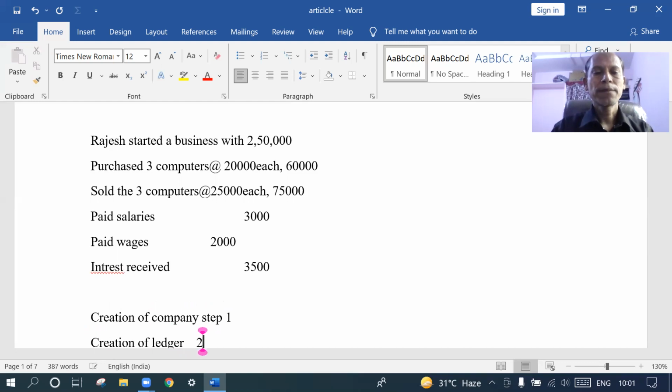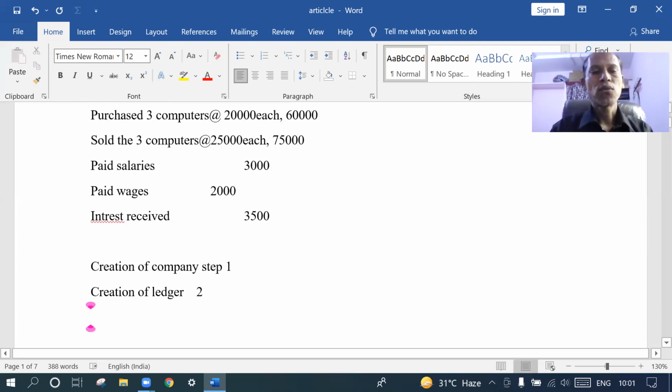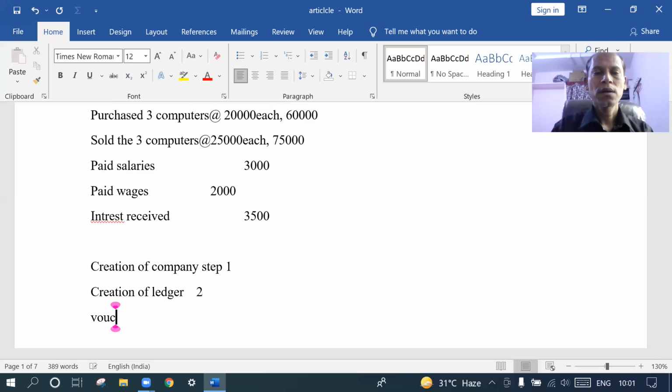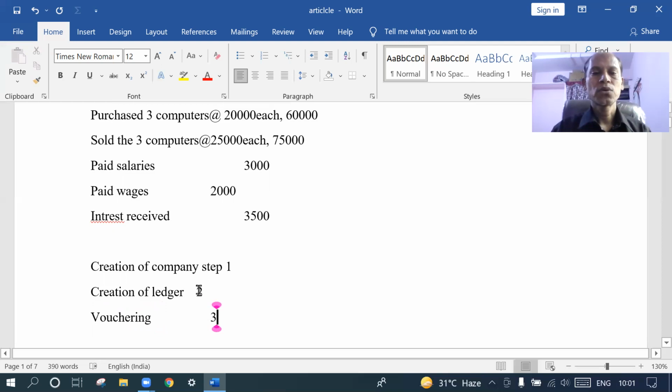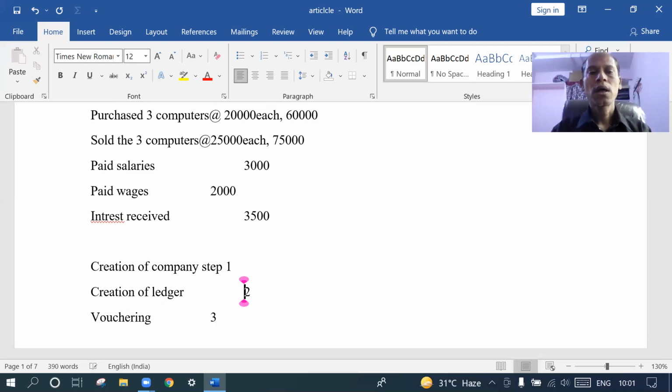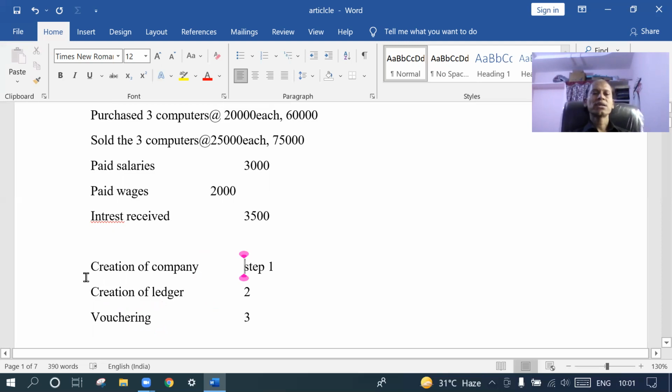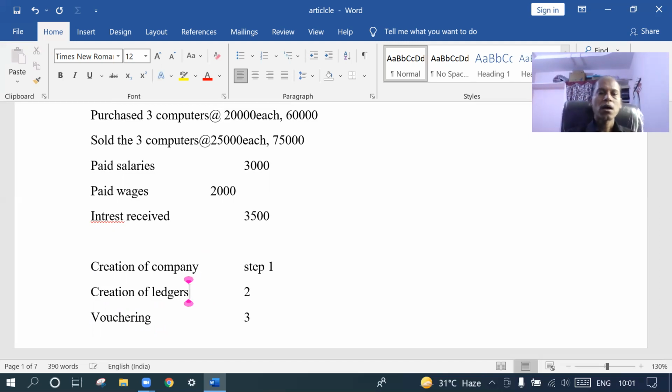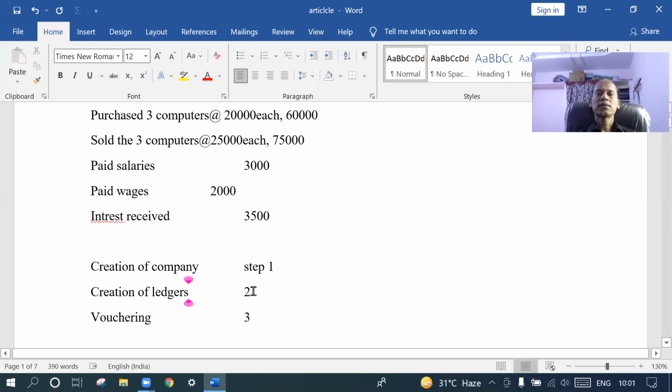And vouchering is the third step. So there are 3 steps in the tally.